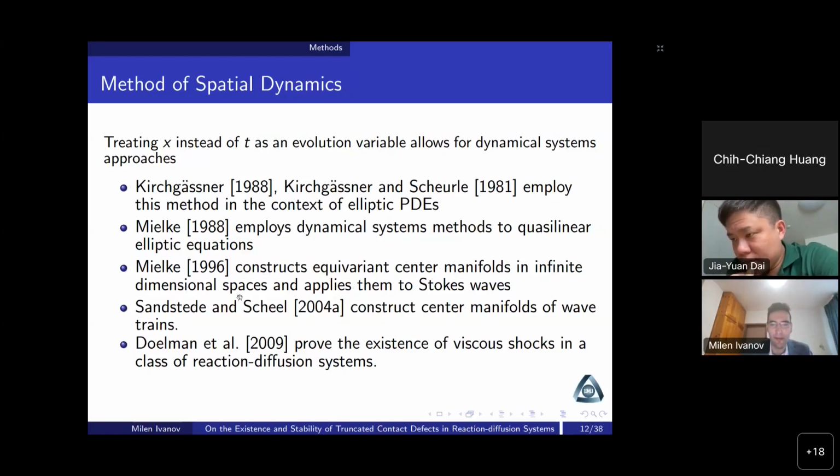Sandstede and Scheel also construct center manifolds of these wave trains, which we're interested in, drawing on the work of Mielke. And together with Doelman and Schneider in 2009, they used these methods to prove the existence of viscous shocks in a class of reaction diffusion systems.